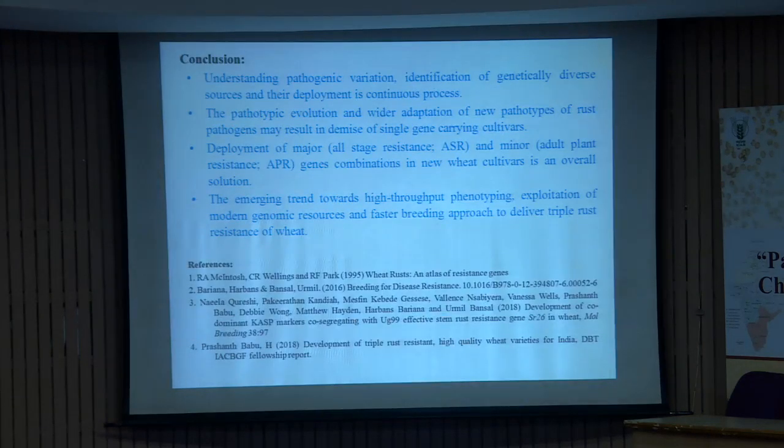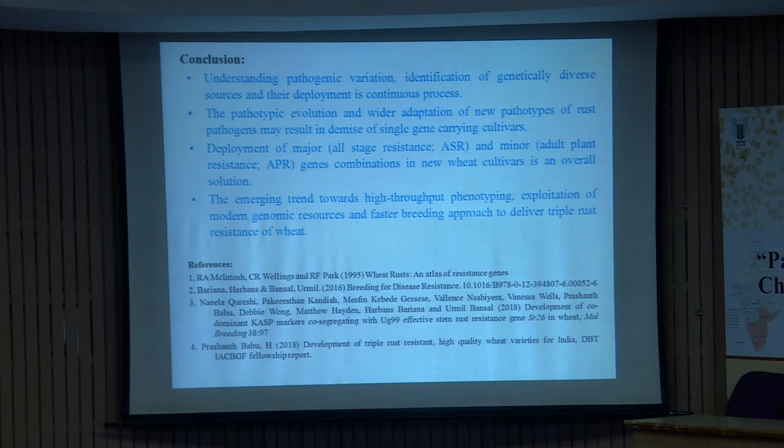So in conclusion, understanding all these concepts of wheat and the rust is very important. The kind of variation present in the pathotype, how wide its adaptation is, and how aggressive the pathogen is going, like stem rust Ug99 for example, and deployment of major and minor genes together.